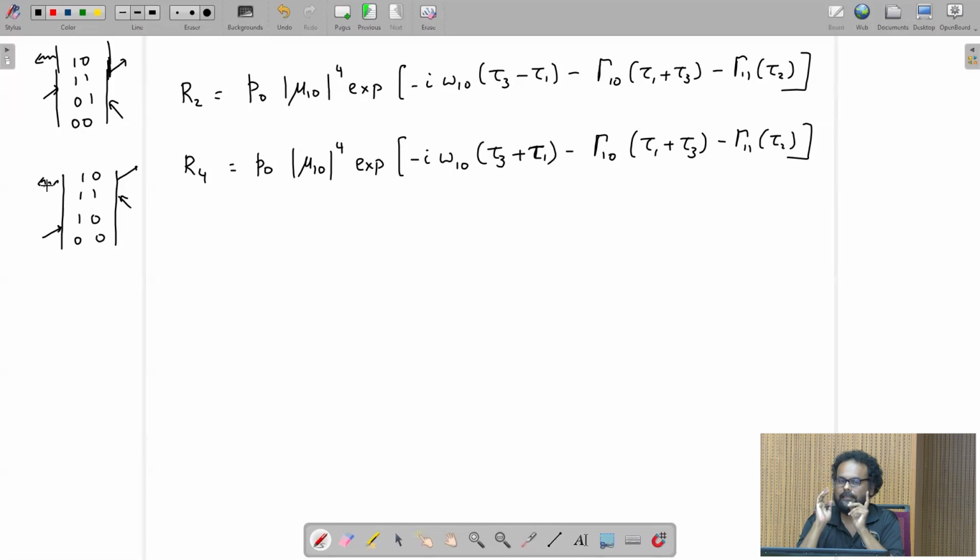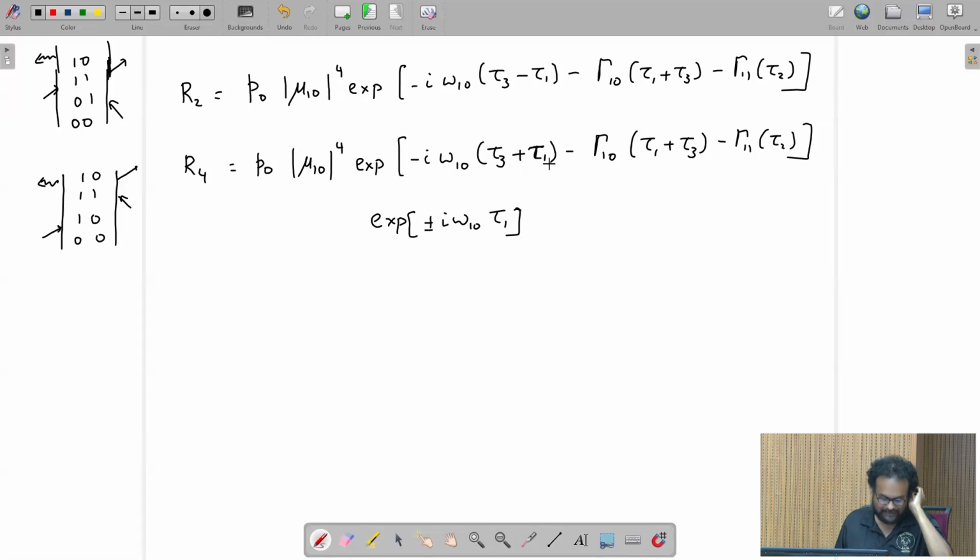So they are identical except for the phase term. In one case it's minus tau 1 and in the other case plus tau 1. Diagrammatically, what does it mean?